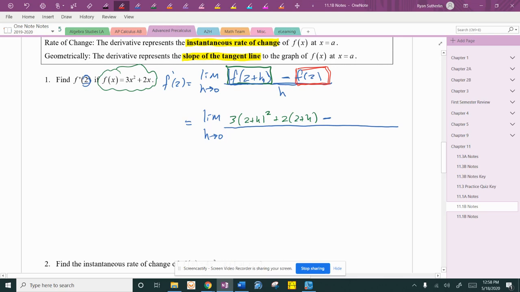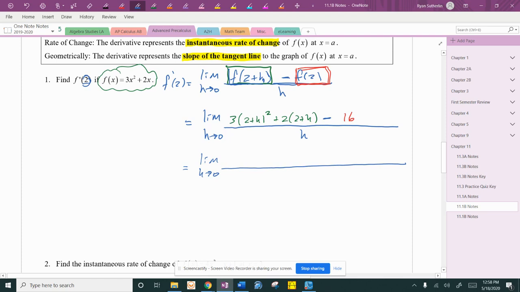F of 2 is 4 times 3 plus 4, so that is 16, and all of this is over h. Now it's just algebra and arithmetic the rest of the way. So I keep that limit notation out front. That's going to be there until I plug in 0, and I'll explain when that happens when we get there. But I always just write that notation out front.